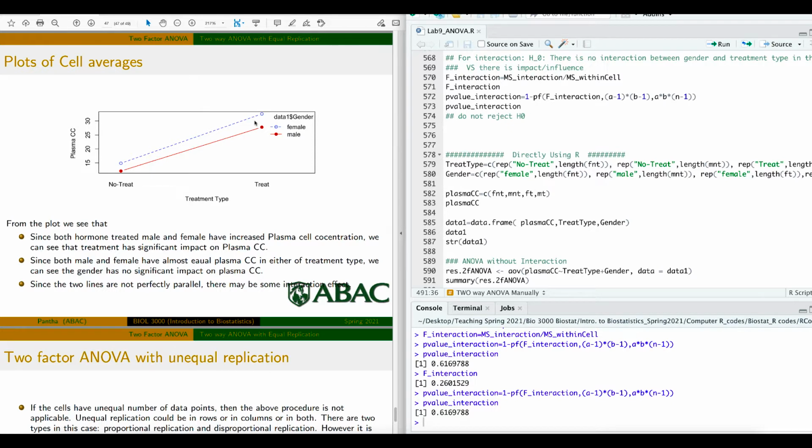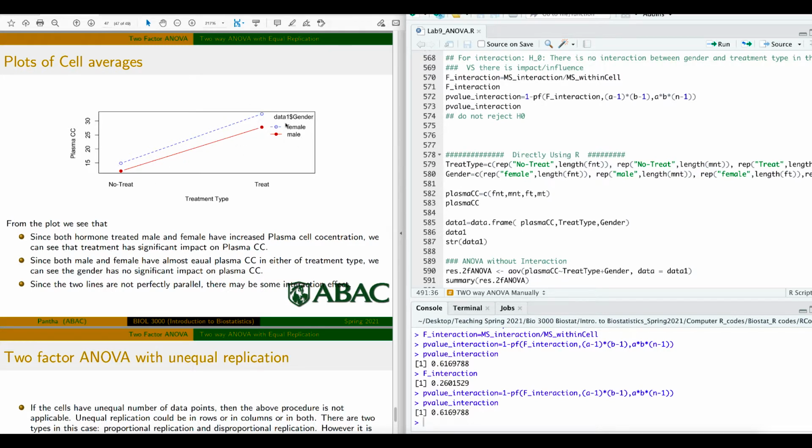So you can see that the treatment type has impact on the plasma calcium content. That means the average plasma calcium content of the no treatment and hormone treatment are not equal, because it was low and it was high.